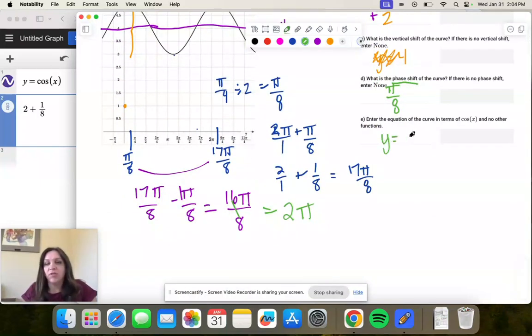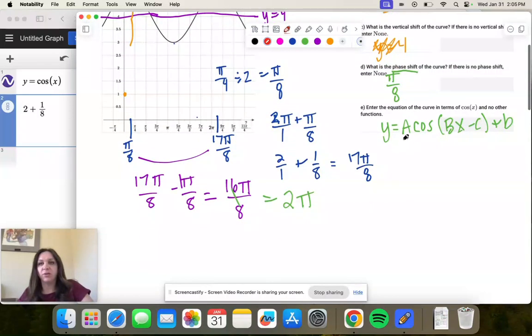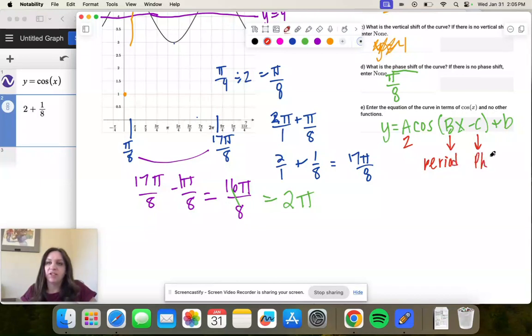So our general form is y equals a cosine of bx minus c plus d. And we're given the amplitude already is 2. We need to solve for b and c using the period and then the phase shift. And then d is our midline, which is 4.